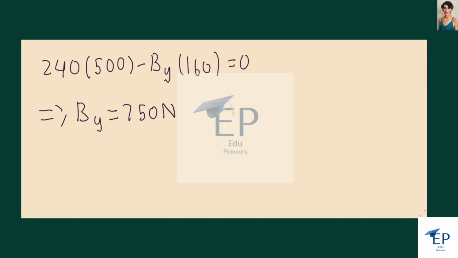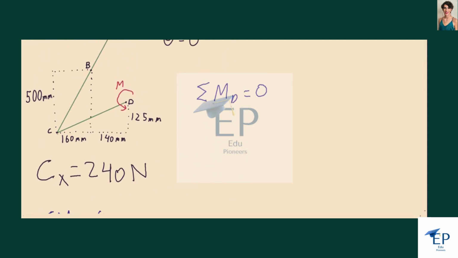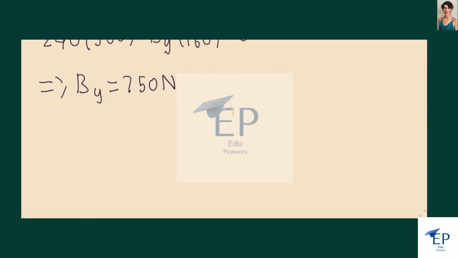And next we're going to find the y component of the force at C. To get this value, we can just do the y component of C minus the y component at B, and that will give us our value.